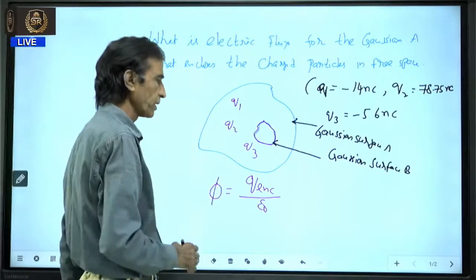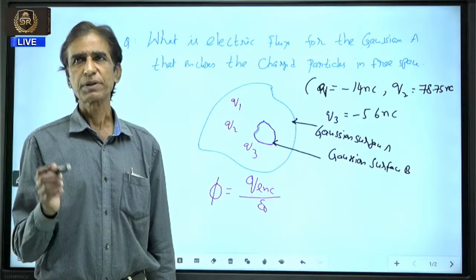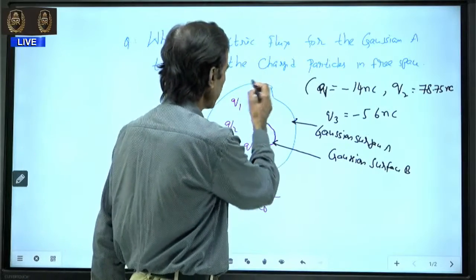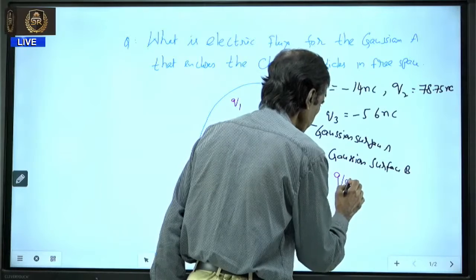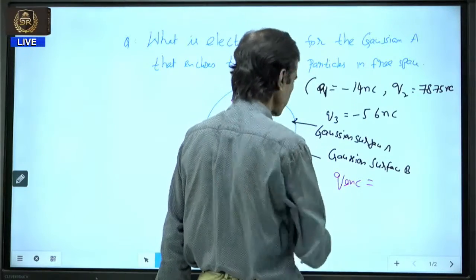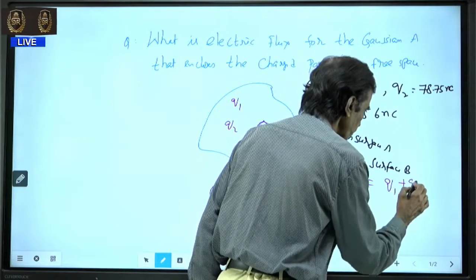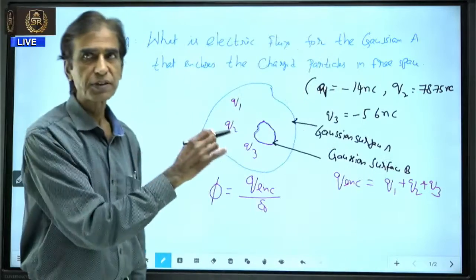That value we know: 8.85 into 10 power minus 12. Now what is the Q enclosed here? First let us calculate it: Q1 plus Q2 plus Q3. Proper signs you have to add.